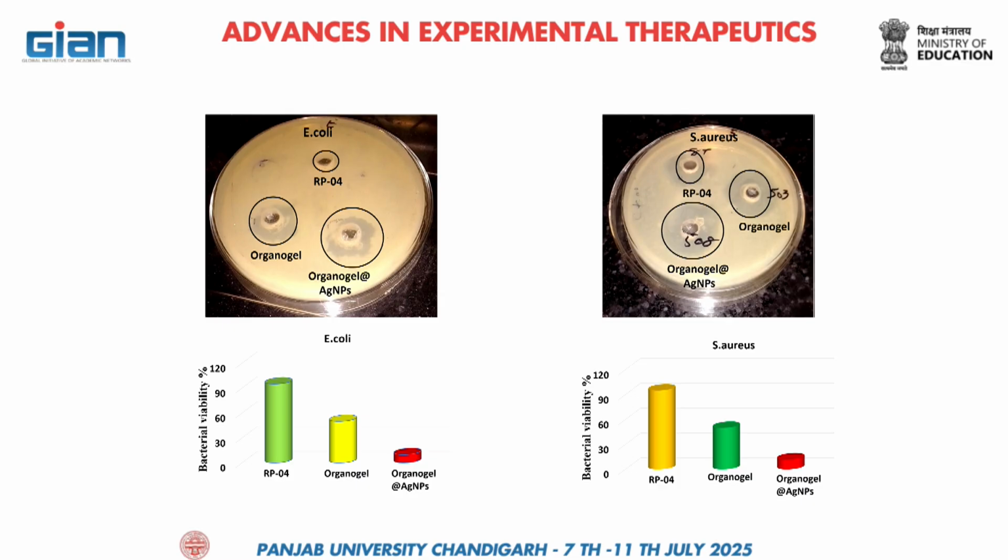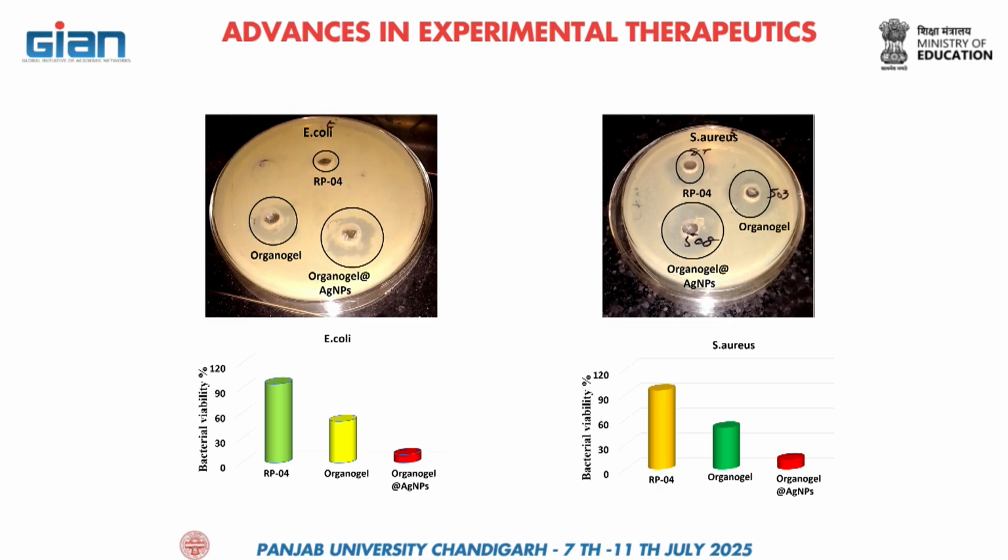And if you see the comparison of our compound, that is the pure compound, organogel and organogel silver nanoparticle, clearly we can show that whenever we have the compound, it was not acting very well, bacterial viability is quite high, meaning it's not giving you any antibacterial activity. But when the molecule is converted to organogel, you can see the zone and you can see the reduction.